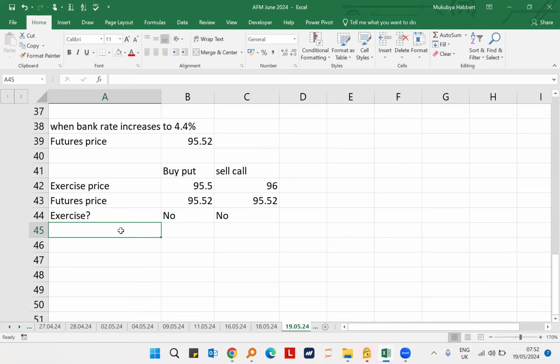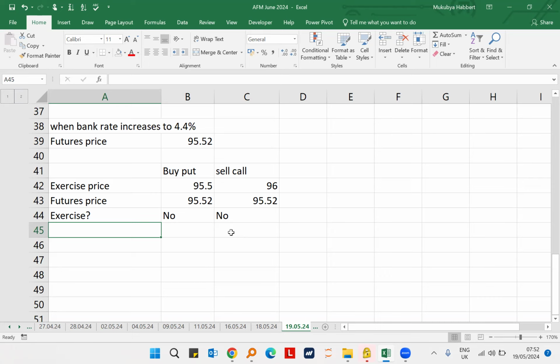That means that you're going to just buy the put option, sell the call option, pay premium, but you're not going to have any saving, right? So you're not exercising it, but you can still sell the futures and you get some difference there. So, okay, now what will be the borrowing cost?